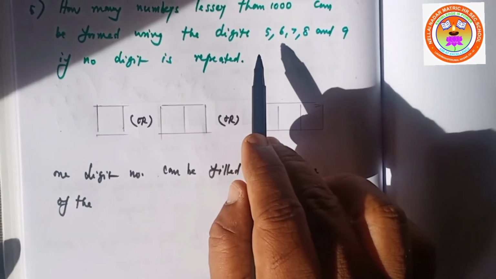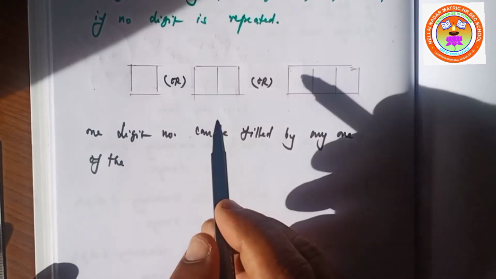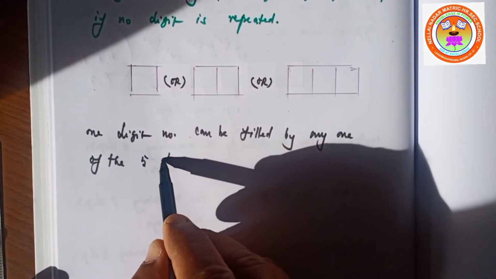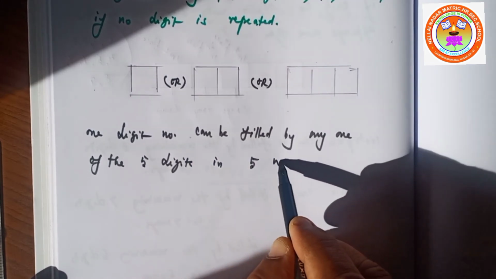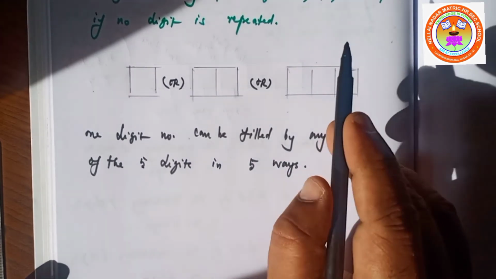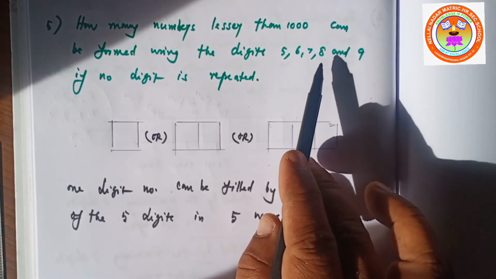What are the 5 digits? 5, 6, 7, 8 and 9. Any one of the 5 digits in 5 ways. Either 5 or 6 or 7 or 8 or 9.